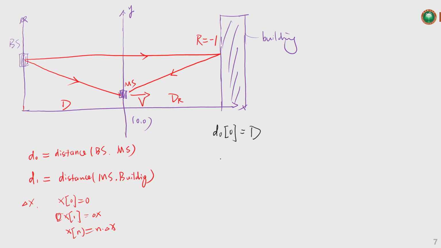So D01 equals capital D plus delta x, because the mobile user moves away from the base station, and D0n equals capital D plus n times delta x.